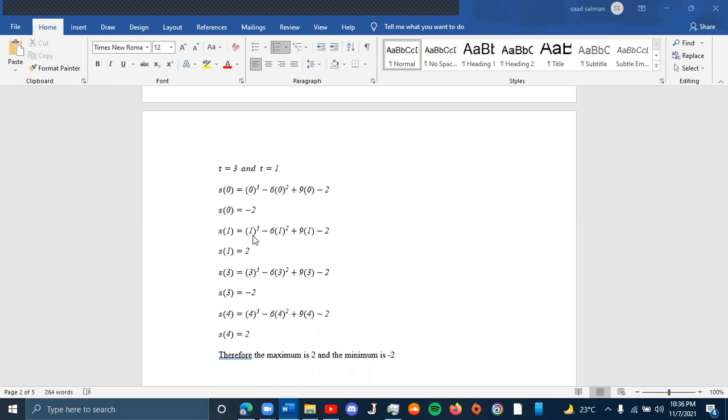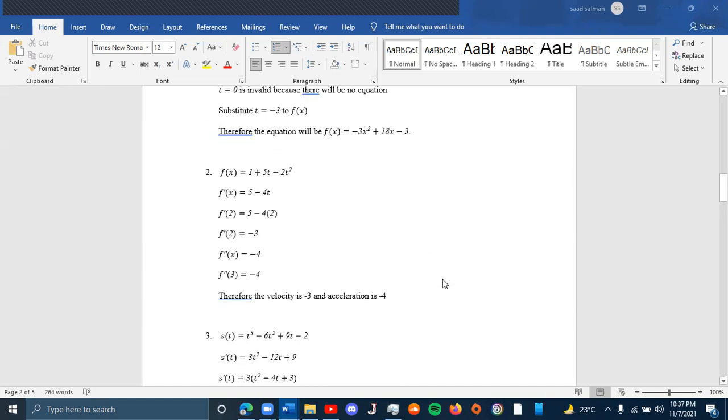So s(1) = 2. s(3) = 3 cubed minus 6 times 3 squared plus 9 multiplied by 3 minus 2. So s(3) will give us minus 2. Now s(4) = 4 cubed minus 6 times 4 squared plus 9 multiplied by 4 minus 2. So s(4) will give us 2. Therefore, the maximum is 2 and the minimum is minus 2.